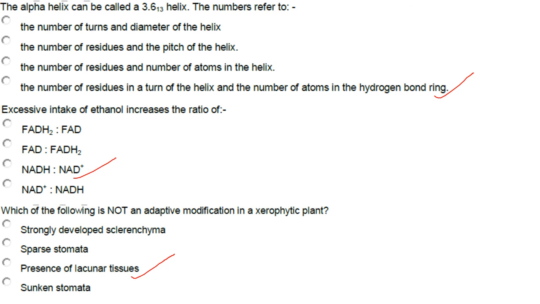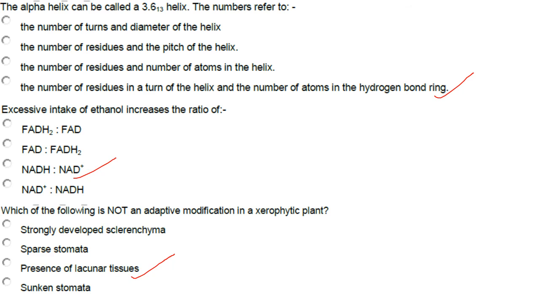Then next one, the alpha helix can be called 3.6-13 helix. The number refers to the number of residues in a turn of the helix and the number of atoms in the hydrogen bond ring. That is, 3.6 refers to the number of residues in the turn of the helix, and 13 refers to number of atoms in the hydrogen bond ring.